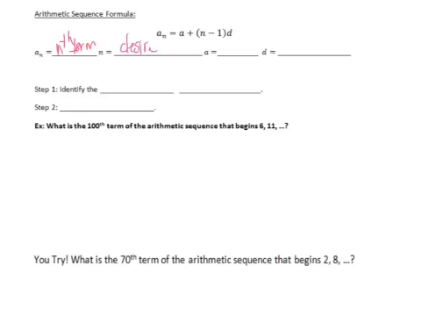So if you're trying to find the 10th term, it would be A sub 10 and N would represent 10. A represents, and you'll usually see it as A sub 1, so we'll put a little 1 right there, A sub 1. A sub 1 represents the first term. And D, as you already know, is your common difference.